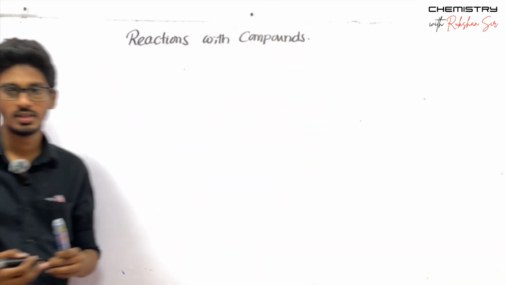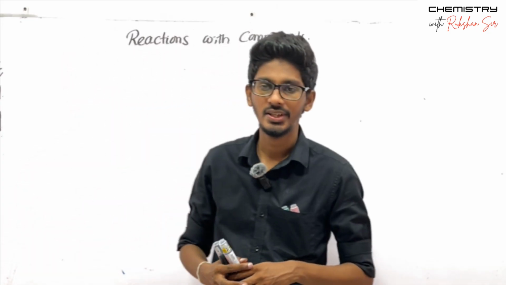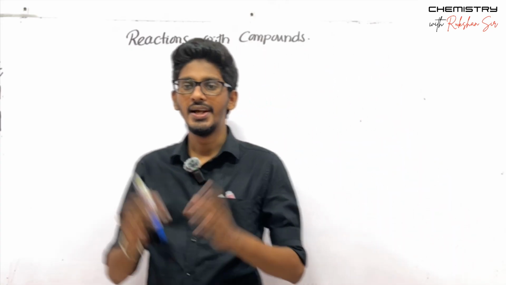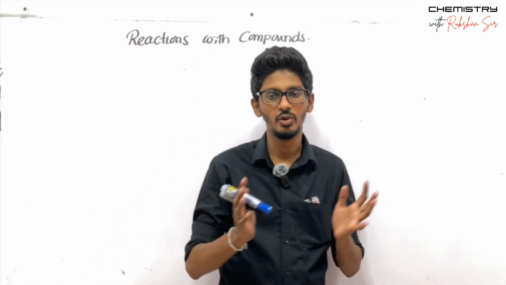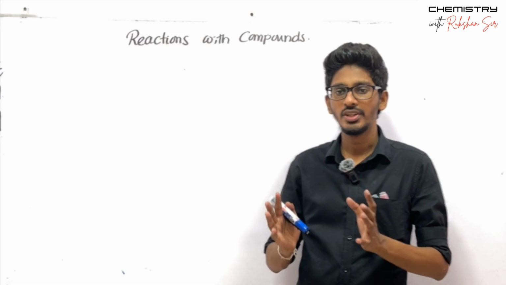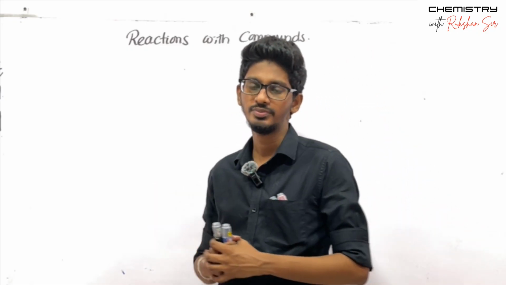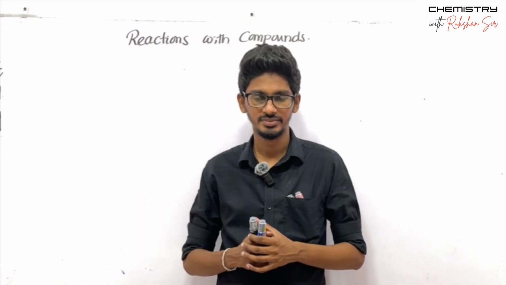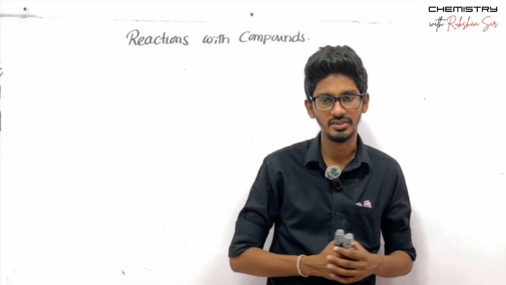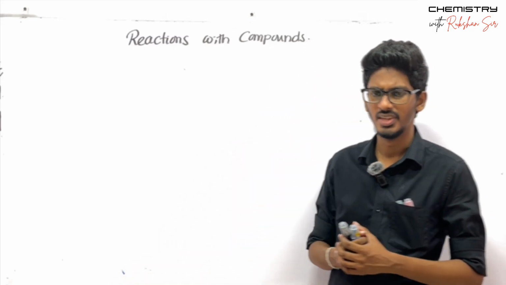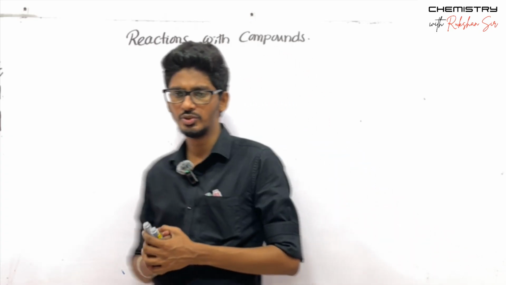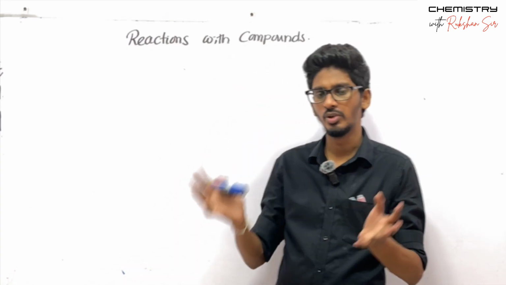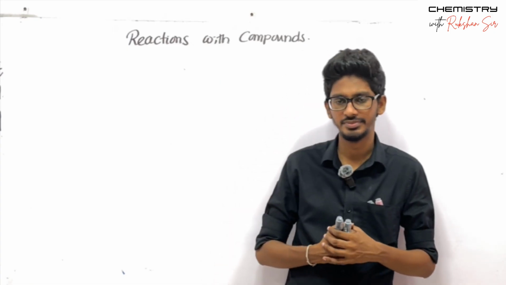Here we are supposed to discuss how these S-block metals will react with acids, then how they will react with water, H2O, and how they will react with ammonia. Acids like HCl, H2SO4, water, NH3 can mostly be considered as hydrides.